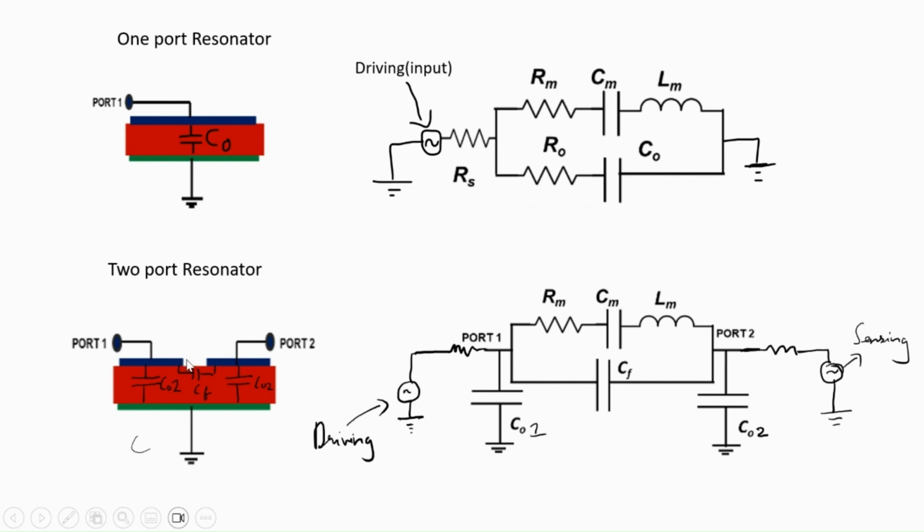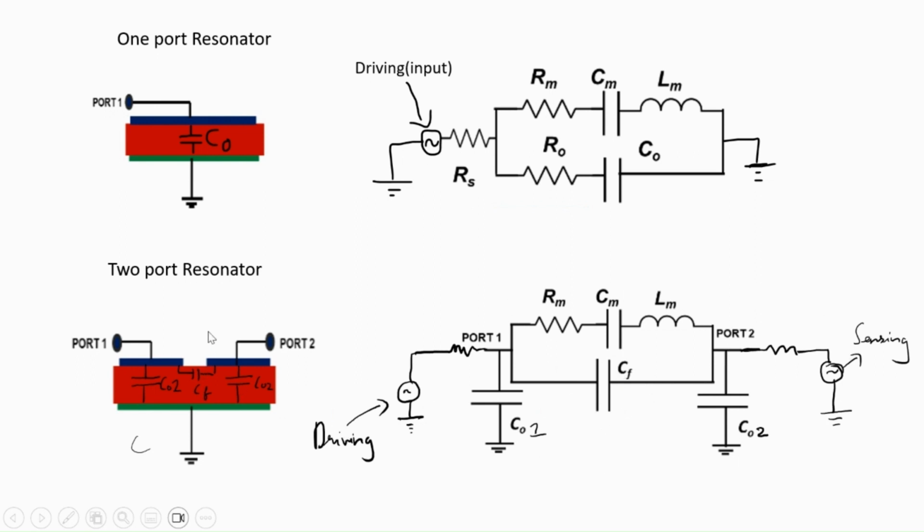Here A is this surface, the thickness of the electrode times the width of the electrode, in the direction going inside the plane. So this is the electrode, and the capacitance between these electrodes is CF.